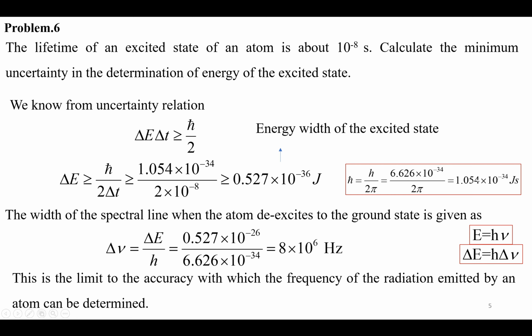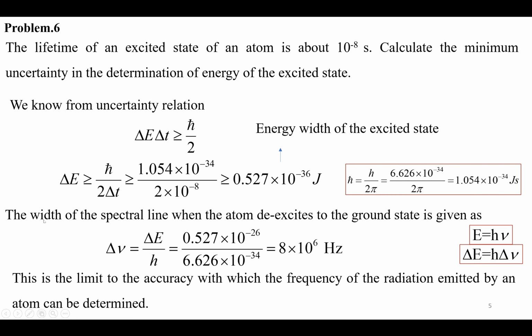So the value is 1.054 × 10^-34 Js, divided by 2 multiplied by del T. Del T is given in the problem as 10^-8. So dividing by 2 × 10^-8, we get 0.527 × 10^-36 joules.